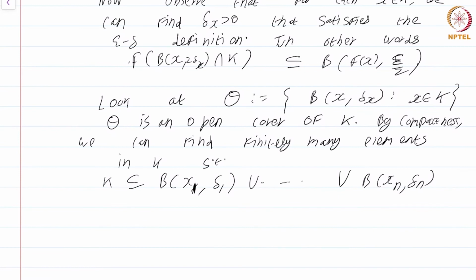That's a bit cumbersome. I'm just simplifying the notation. This is just by compactness. Now choose delta to be the minimum of these delta 1 to delta n.